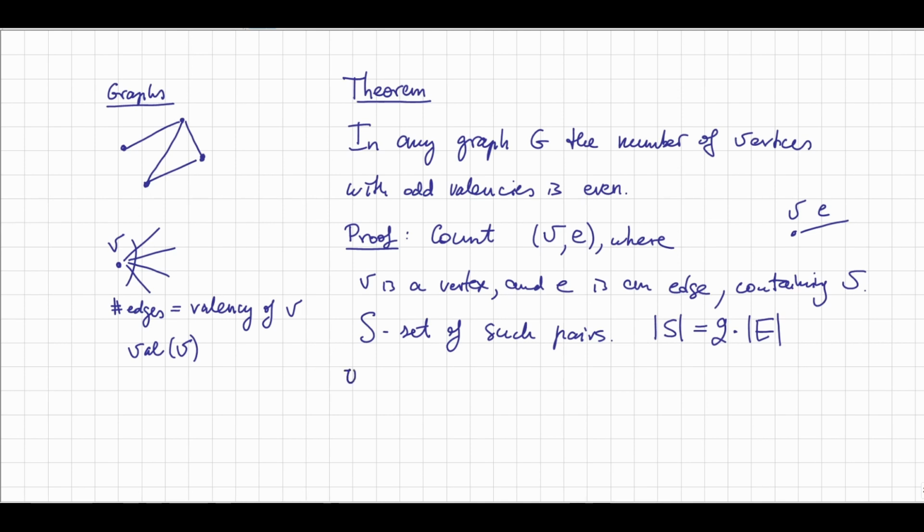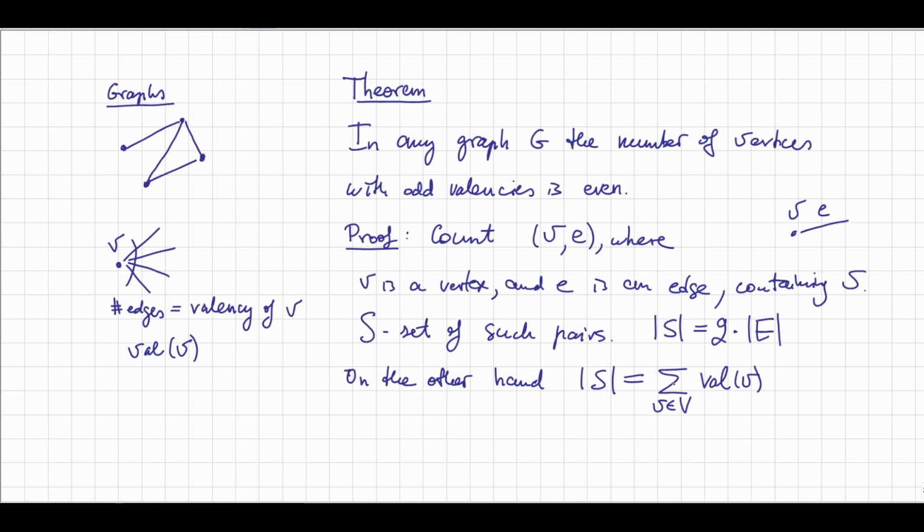On the other hand, the size of the set, the cardinality of the set, is equal to the sum of the valencies of the vertices. So let's say we look at this sum, means we take all the vertices, so it's a sum over all vertices from the set of vertices, and we simply sum up all the valencies.